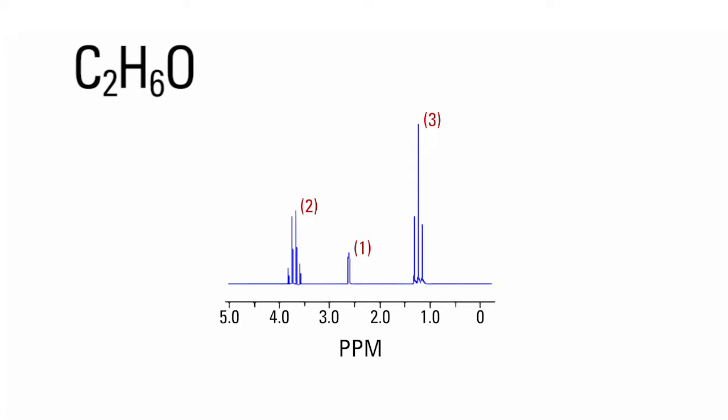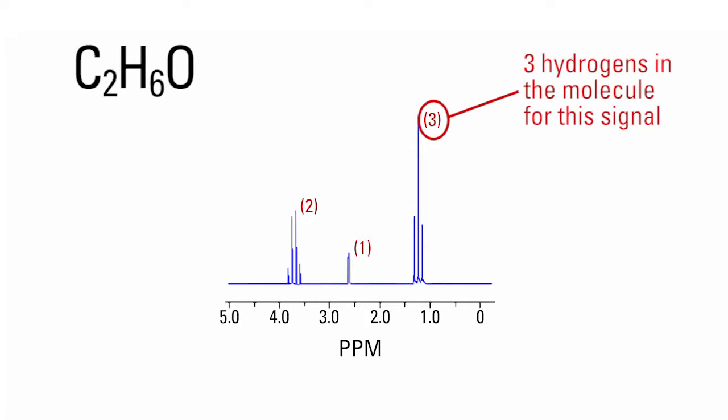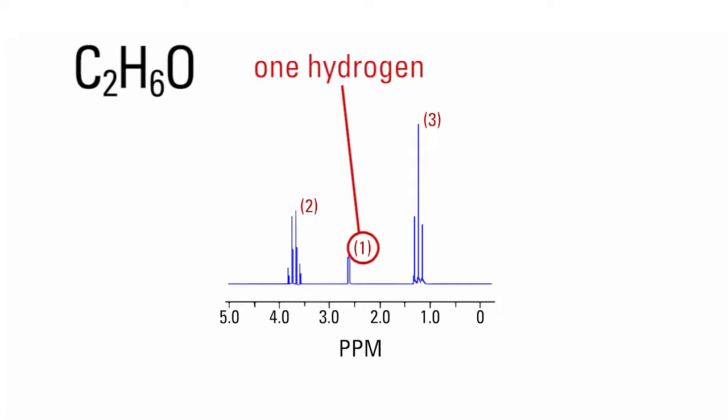In the spectrum, the integration is given as the red numbers in the parentheses. For the group of signals around 1.3 ppm, the integration is 3. That means that there are 3 hydrogens in that molecule that give rise to that signal. The small signal around 2.6 ppm has an integration of 1, which means that this is a signal that is being generated by 1 hydrogen.